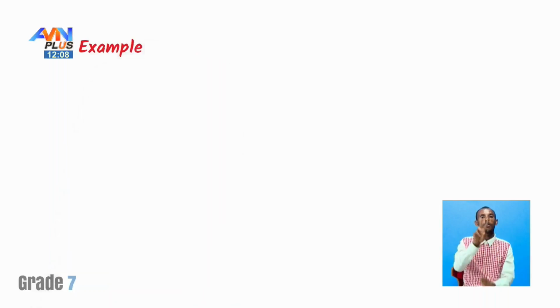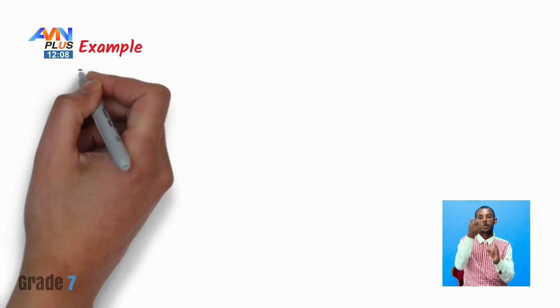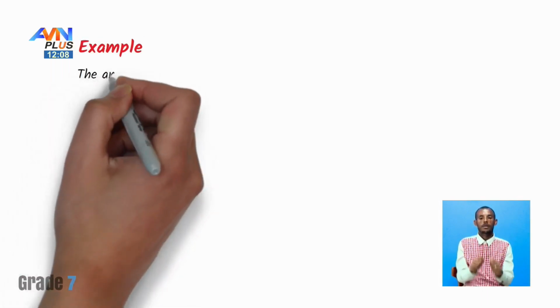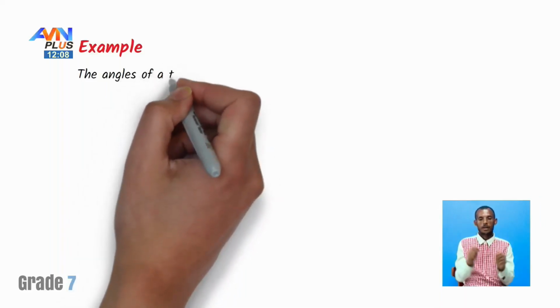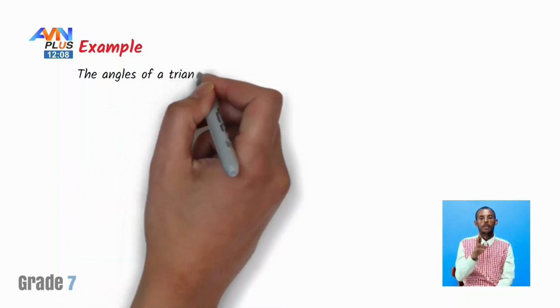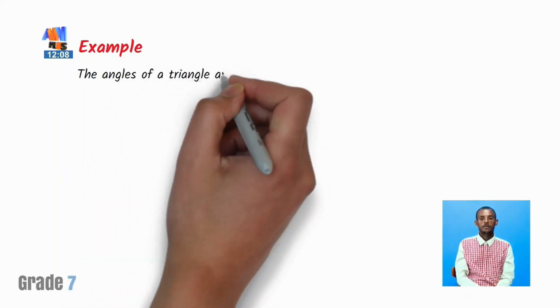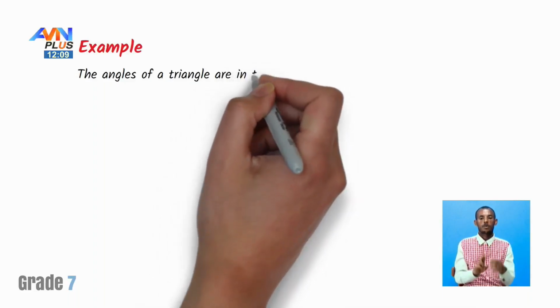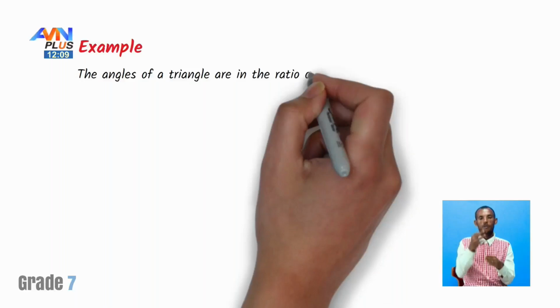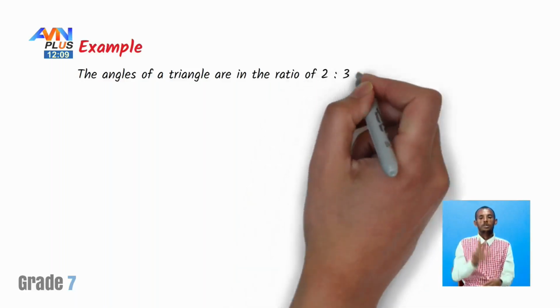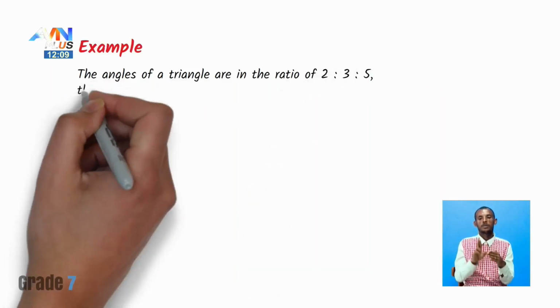The angles of a triangle are in the ratio of 2:3:5.